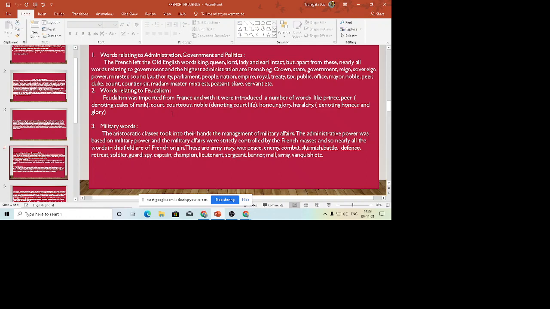So like this it goes on. And as you can see, many of these words are quite familiar to us. We often come across these words when we read some report in the newspaper, or we ourselves use these words, like what we experienced earlier. So just remember some of these words, and it would be easier to remember, I think: war, peace, enemy, soldier, spy, captain, like that. So these are the first three categories.